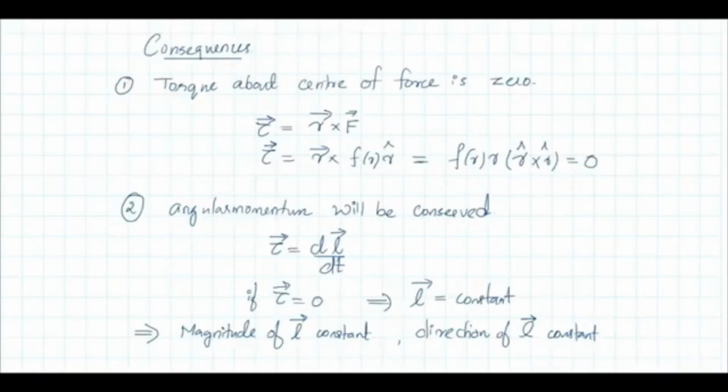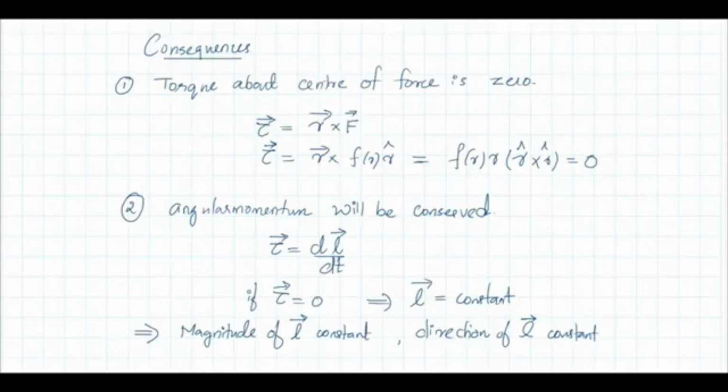Okay. Now, what are the properties or consequences of that definition? The first one is that the torque about the center of force is 0. For a particle moving under the influence of a central force, the torque acting on the particle about the center of force is 0.